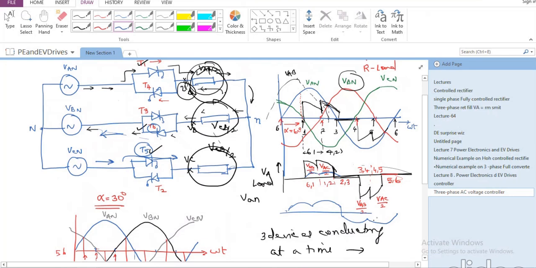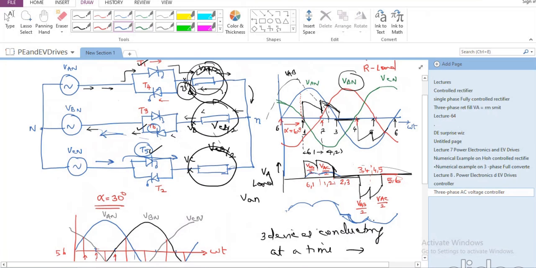These things cannot be said very easily. Of course, in this particular case, the current has to reach zero, and there should be a small dead period, and after that, the current has to start once again. So it's very difficult to analyze with inductive load in the case of a three-phase AC voltage controller.